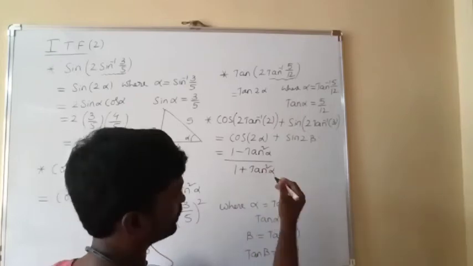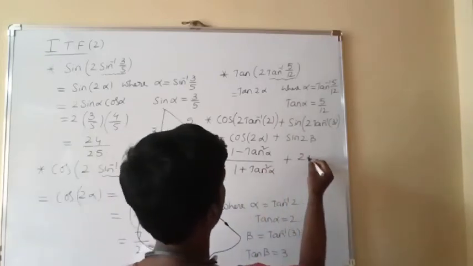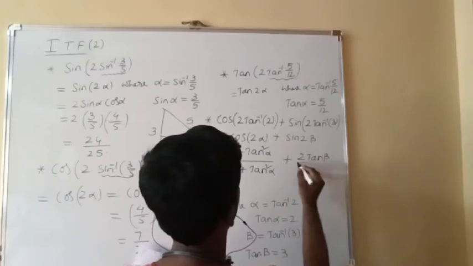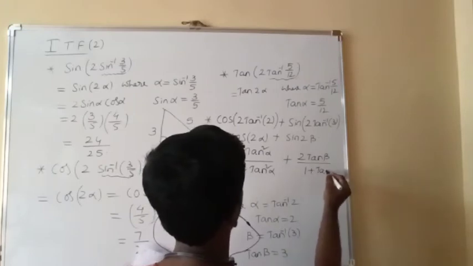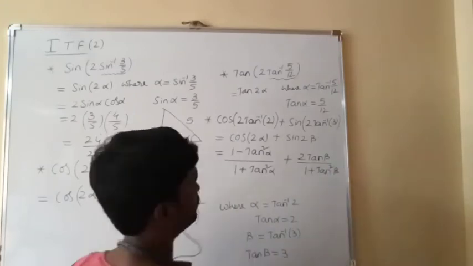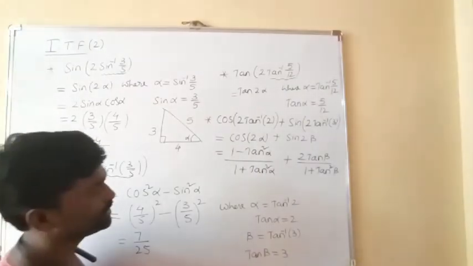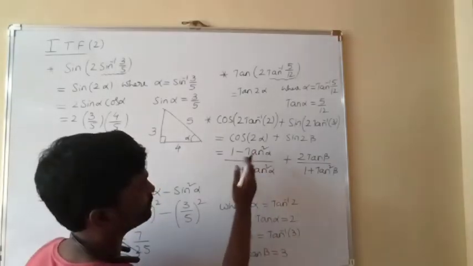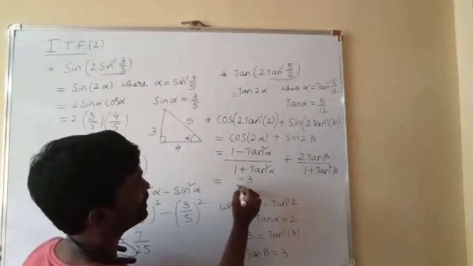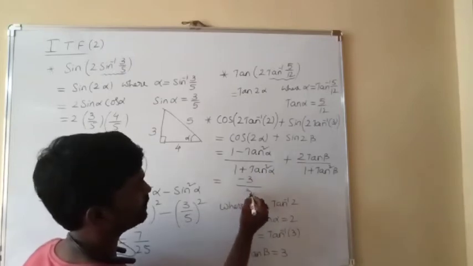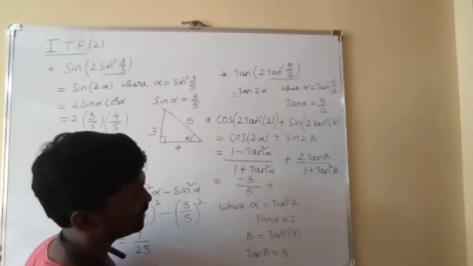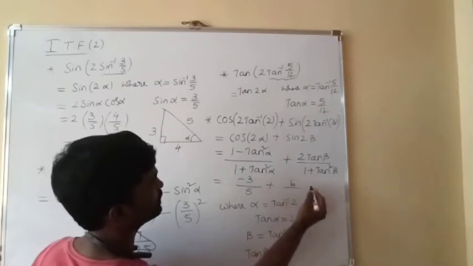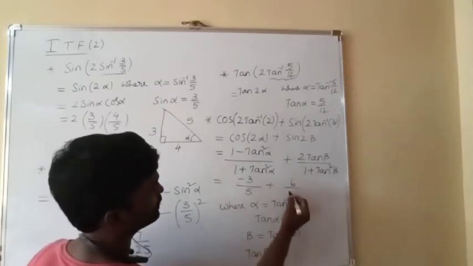Substitute tan alpha value 2. Sin 2 beta in terms of tan is 2 tan beta by 1 plus tan square beta. Substitute tan beta value 3. By substituting tan alpha value 2, we get 1 minus 4, that is minus 3, divided by 1 plus 2 square, 1 plus 4, 5, plus 2 tan beta, 2 into 3, 6, divided by 1 plus 9, 10.